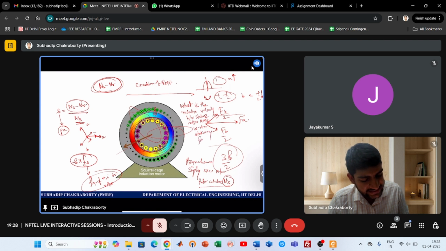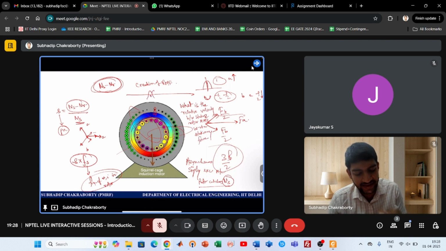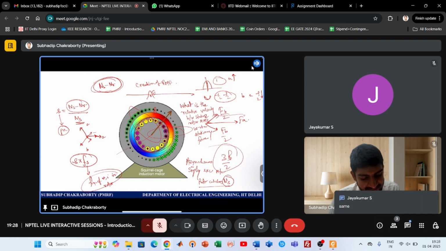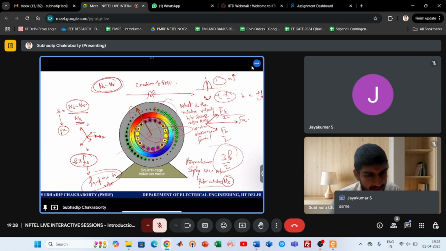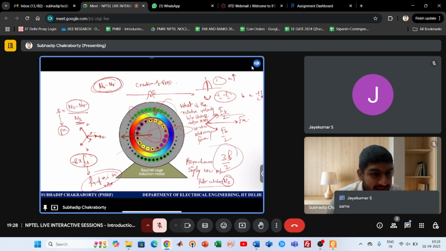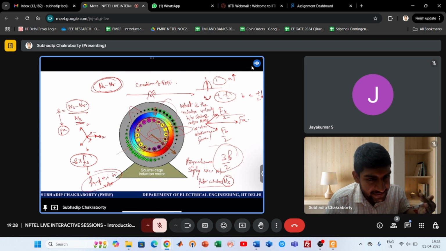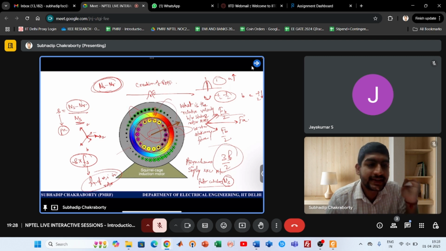Stationary frame means you sit on a stationary frame and observe both fields. One is the stator field, one is the rotor field. Why did the rotor field come? Because the rotor was shorted and got induced EMFs that passed currents that created the MMF.